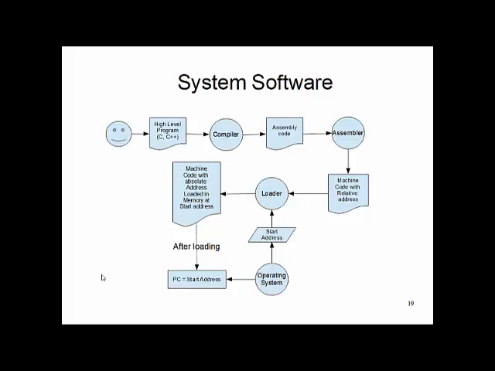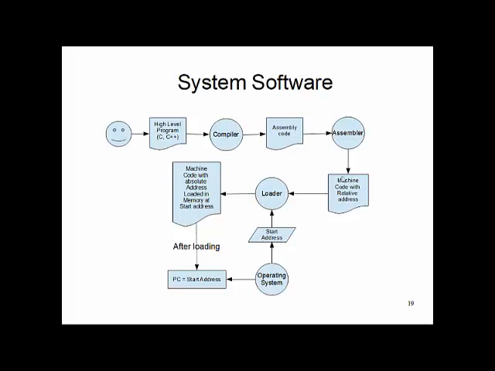So the overall view becomes: you write a program and compile it, the compiler generates the assembly code, then it goes through the assembler, which generates the machine code with relative addresses. When you start that program, the operating system finds some space in the memory and gives the starting address of the space to the loader.